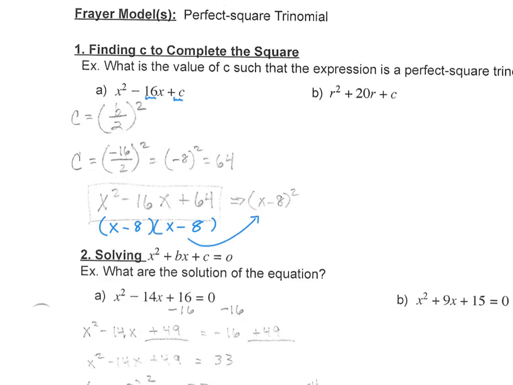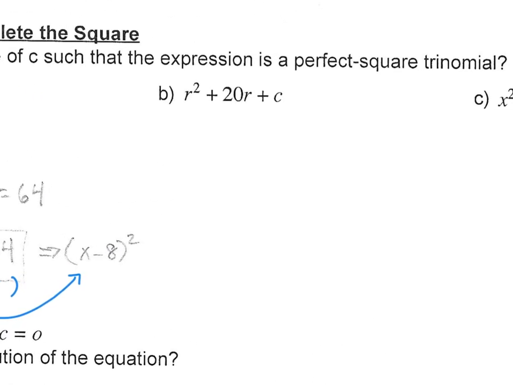As we go on to the next example, example B, we have r squared plus 20r equals c. In order to find c, it is going to be 1/2 of b, squared. You have to remember that b is 20 and that a is 1, and we're looking for what c is going to equal.